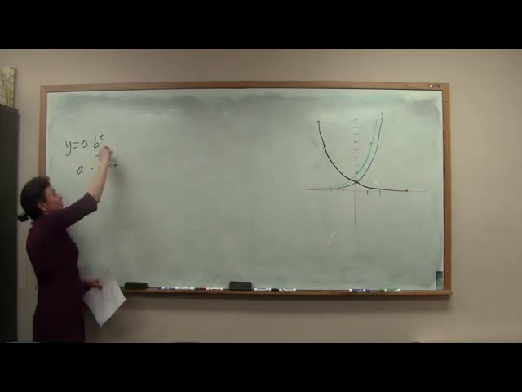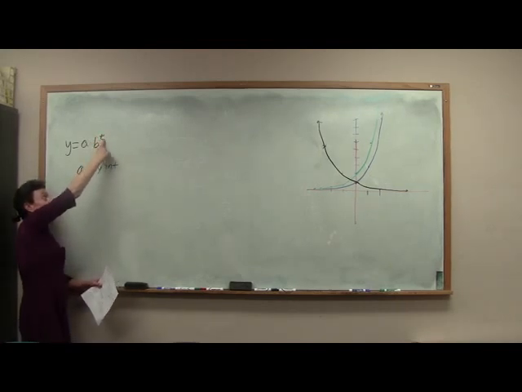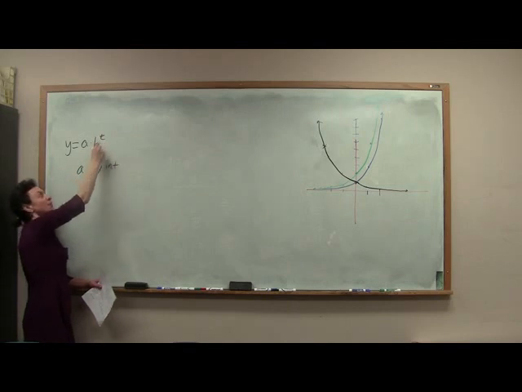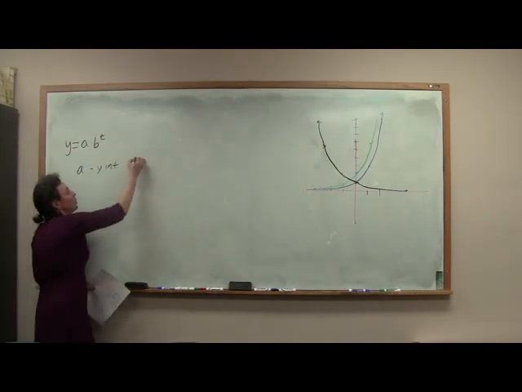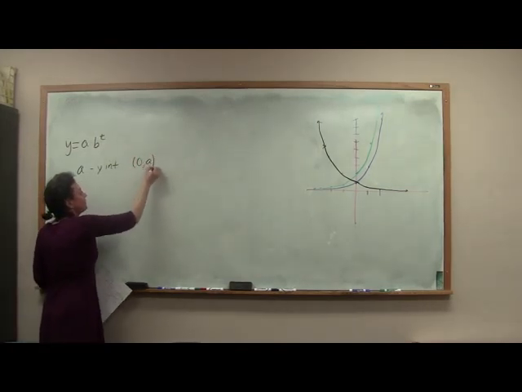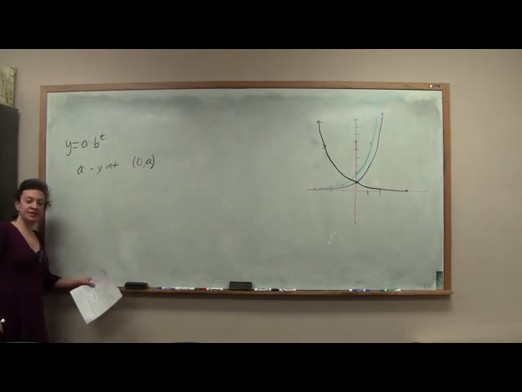For example, all you have to do is set t equal to 0. If you set t equal to 0, this term becomes 1, and a times 1 is a. So, we always know that these graphs go through the ordered pair 0, a.